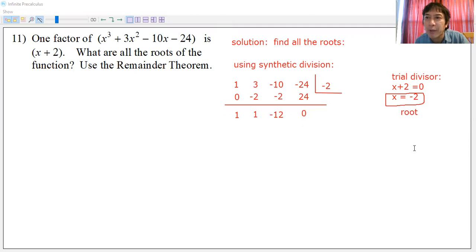Now we have this particular result. They call this the depressed equation, which is now second degree.